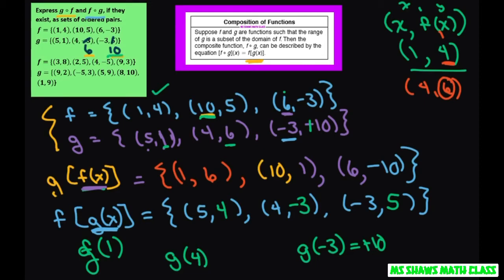All right, so let's go to the second set. This set's written correctly, and we want to do g of f. So that's g f of x. So what you want to do is write down your inner function first. So write down your x's.